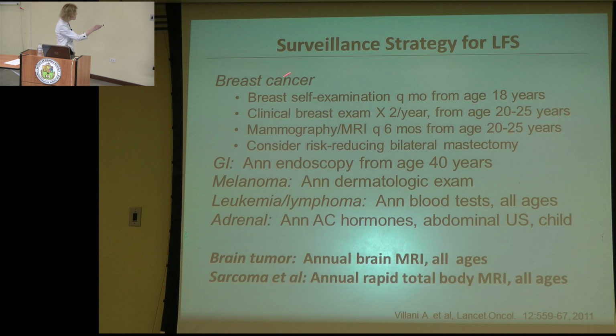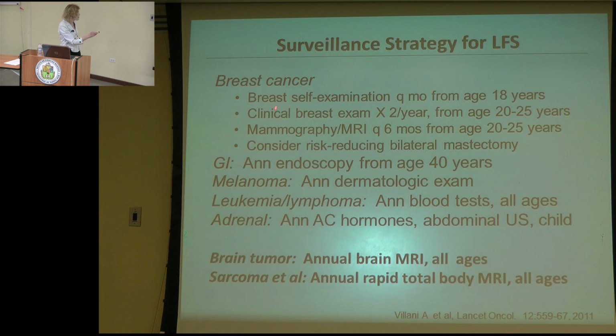The first things on this slide are things that have at least been recommended to some extent or another over the years, without having a whole lot of impact. For breast cancer, we all have high-risk breast cancer clinics based on BRCA1 and 2. So we can recommend breast self-examination, clinical breast exam regularly, starting at earlier ages than the general population.